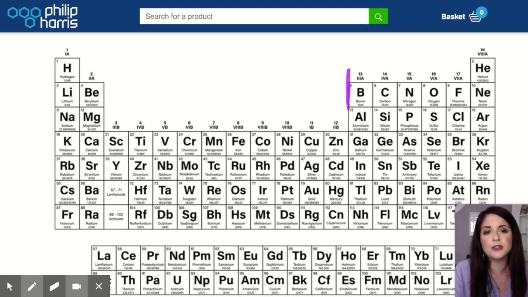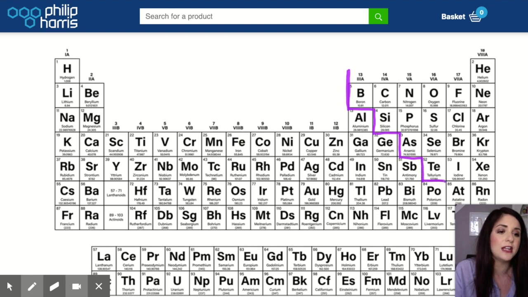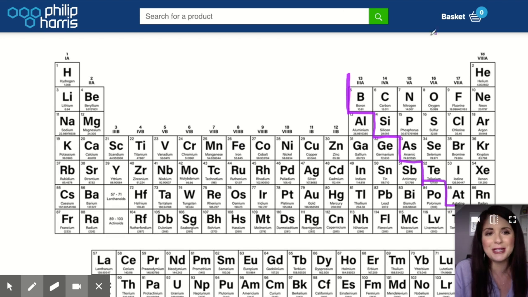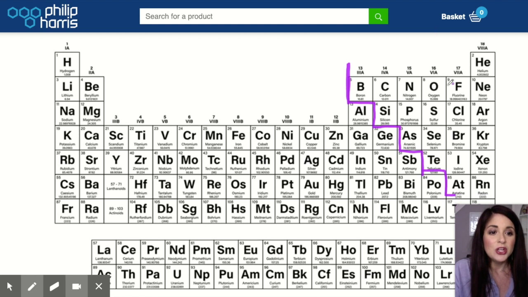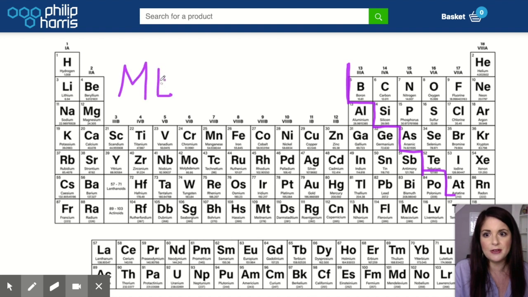That's where the first step goes, let's say. And literally, you staircase going down. But you always want to start off on the outside of boron. I think my image there is kind of going towards that, but that's okay. So that's the staircase. Everything to the left of the staircase are your metals.